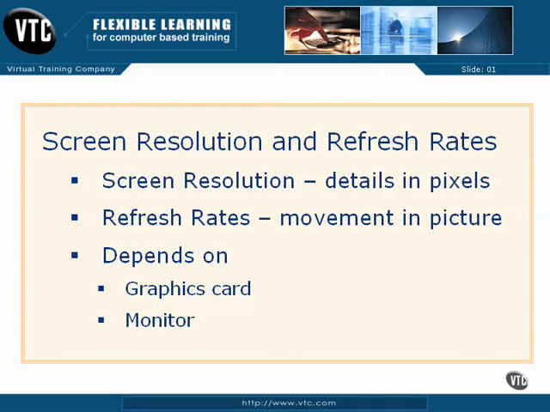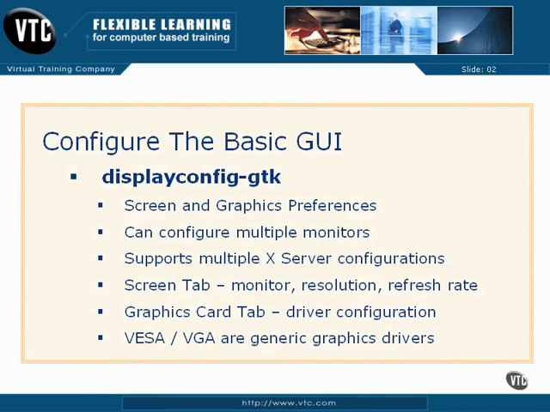Refresh rates can help handle changes in a picture when type appears or when figures move across a screen. Both elements depend on two hardware components: the graphics card in the computer and the monitor.